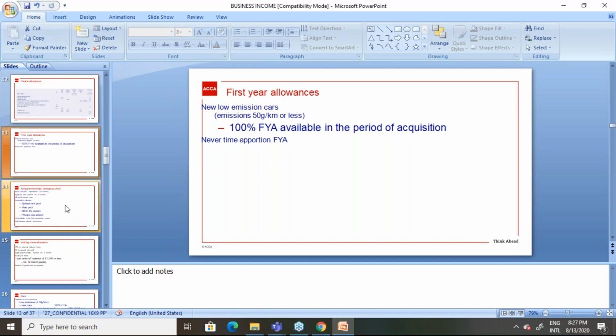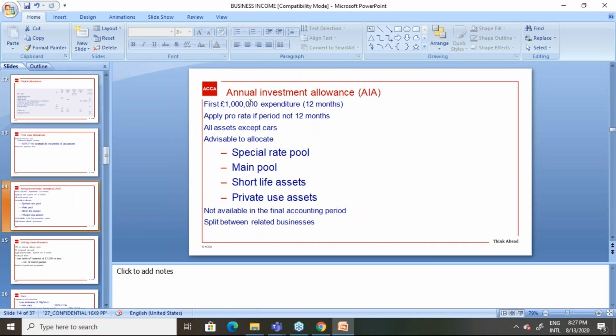So I explained what first year allowance is. I explained what annual investment allowance is. And when you are claiming annual investment allowance, it's always advisable for you to claim annual investment allowance on plant and machinery normally included in the special rate pool before plant and machinery included in the main pool.